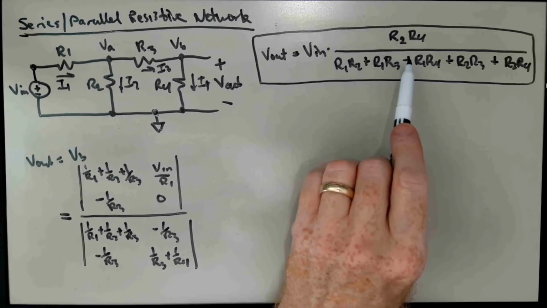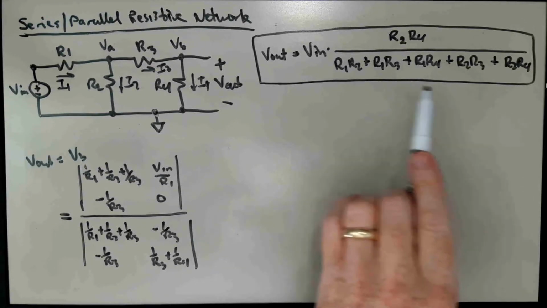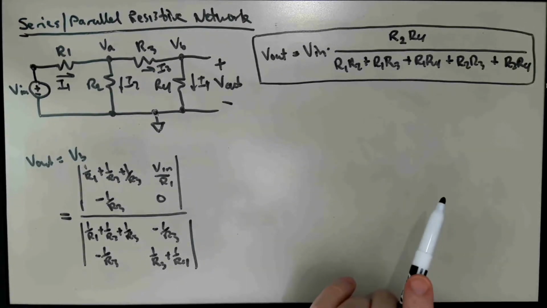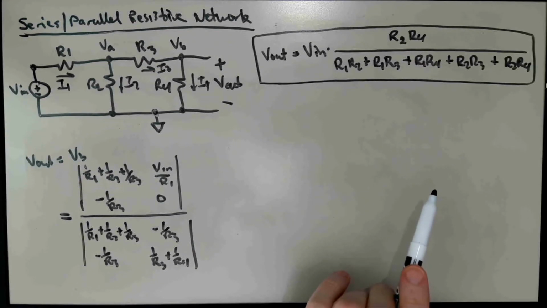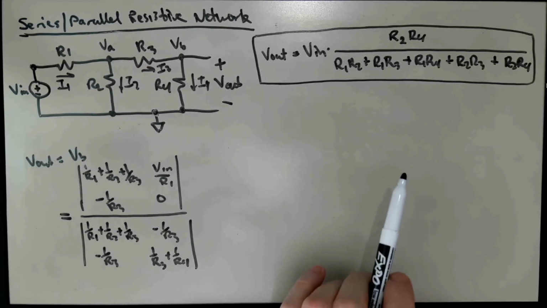And it's all kind of mixed together, right? These sums of products of the element values are not arranged in nice series or parallel combinations with each other.